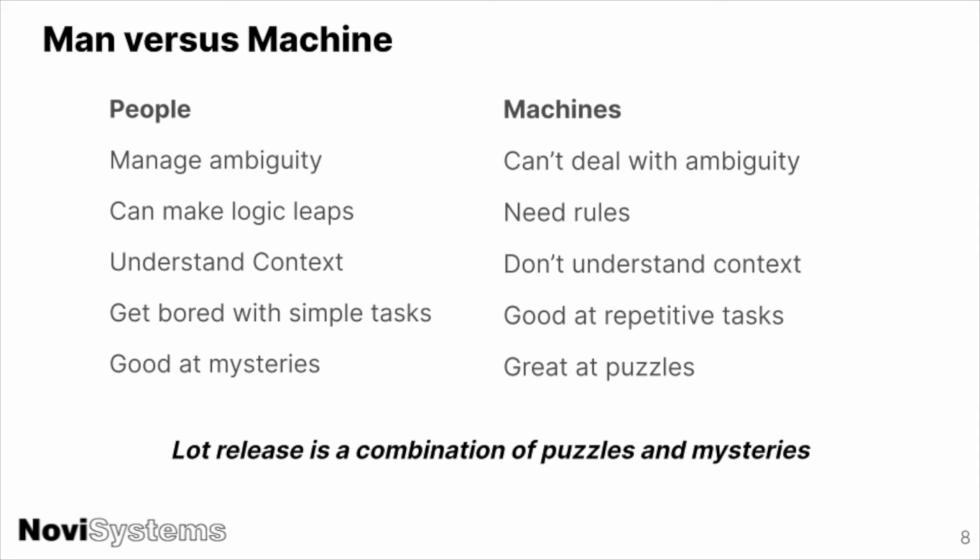Now, in pharma, lot release is a combination of puzzles and mysteries. So we may have certain things that fall out of specification or weren't quite done by license. Does that mean it affected the safety, efficacy, purity, or potency? Well, that the human has to determine by looking at all of those facts that the machine has brought forward.